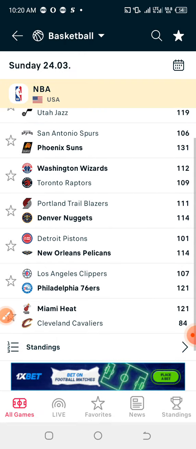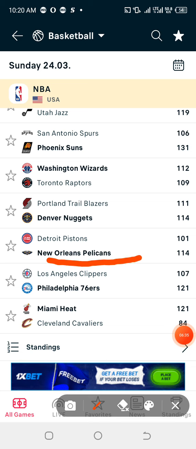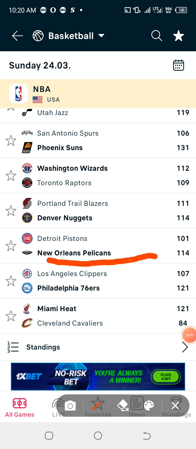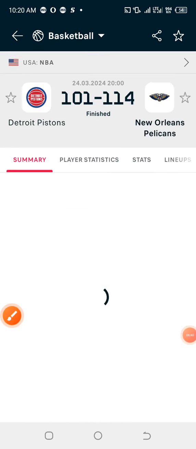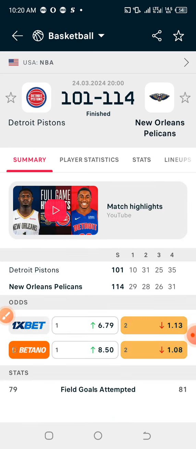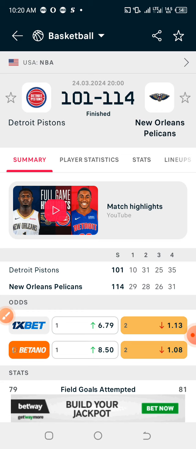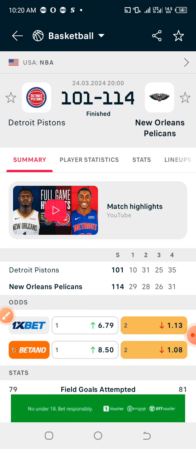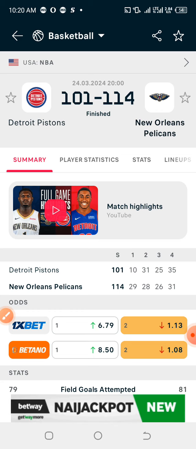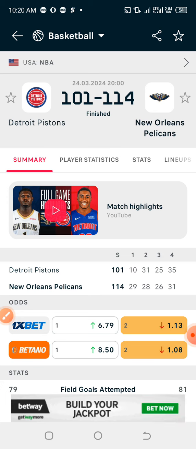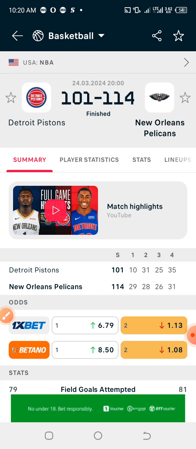Okay, let's see this. We have a match between New Orleans and Detroit Pistons. The first thing I told you guys is that the bookmakers have their own ways of analyzing which particular team will win the game. Because I checked something earlier about these particular teams, this particular odd assigning.